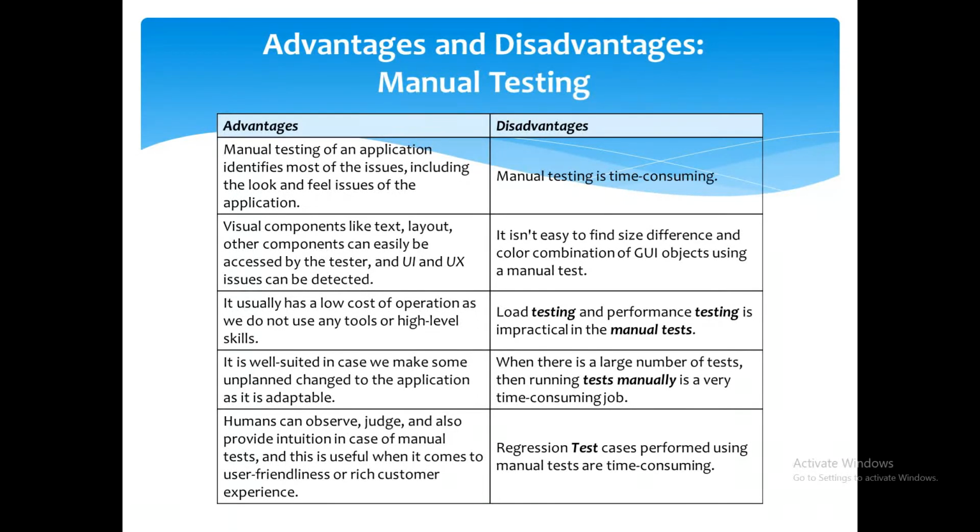Visual components like text, layout and other components can easily be accessed by the tester and UI and UX issues can be detected. And disadvantage: it is not easy to find size differences and color combinations of GUI objects using a manual test. Third one is it usually has a low cost of operation as we do not use any tools or high level skills. And disadvantage: load testing and performance testing are impractical in manual testing.